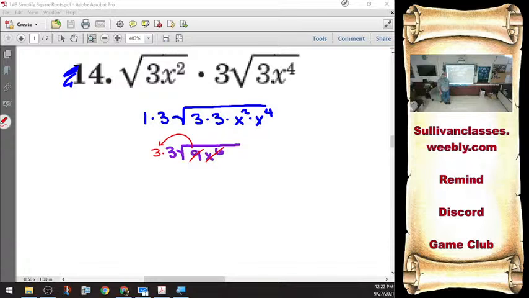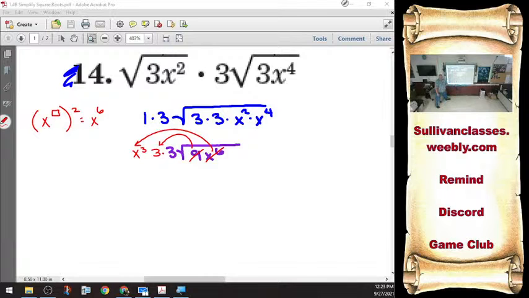That was 2 classes ago. X to the what? Squared makes x to the 6th, right? You always cut it in half because an exponent raised to an exponent I multiply. So the opposite of multiply is to divide. I'm going to take 6 and divide it by 2. I'm going to have a x to the 3rd out here.